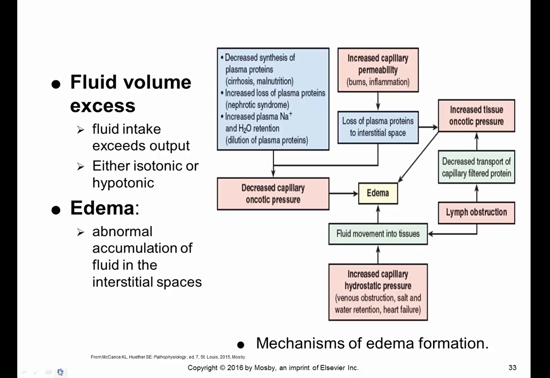This is just a flow chart of the mechanism of how edema is formed. That's just for your own knowledge, to see how the different pressures, the capillary permeability, and the oncotic pressures influence the formation of edema.